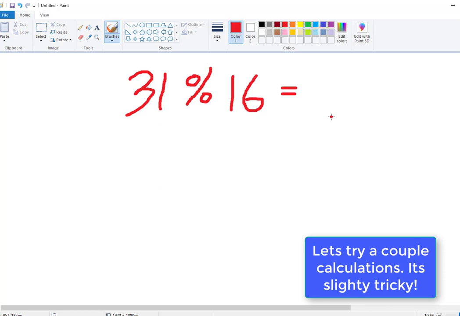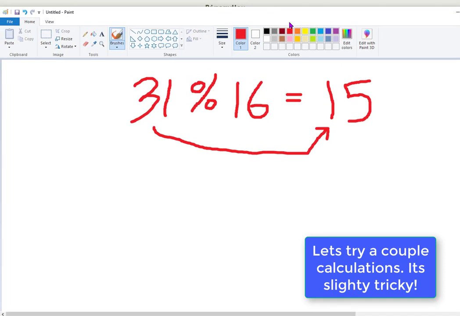I'm doing it mentally, but 31 divided by 16 is going to be 1 remainder 15. We're only interested in the remainder, just like when we're telling military time. 15.